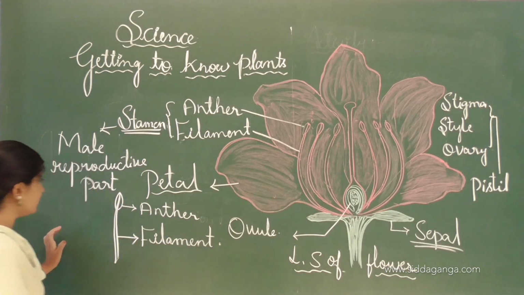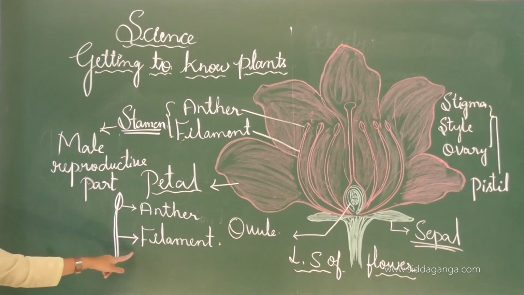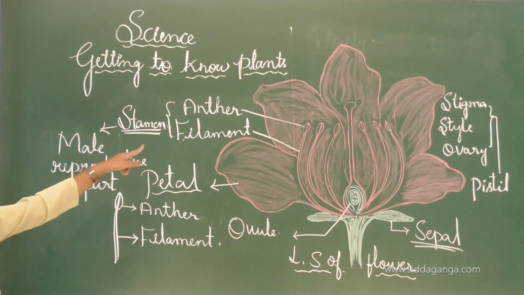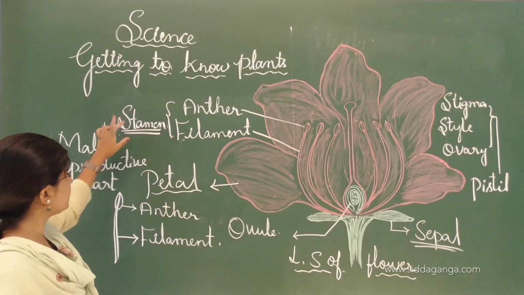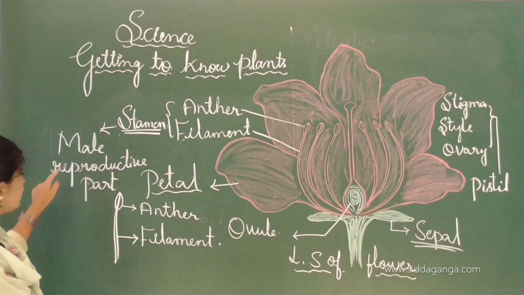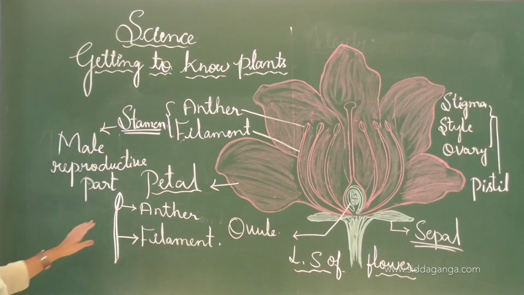See, this is how the stamen can be divided into two parts: one is the anther and another one is the filament, as I have written here. Both the anther and the filament make the stamen. It is the male reproductive part of a flower. And see, this is the diagram of a stamen.